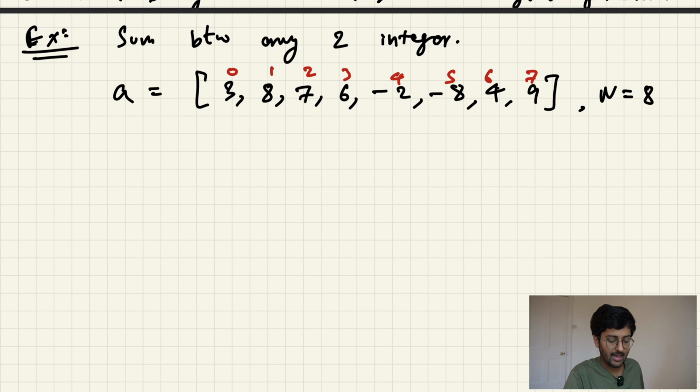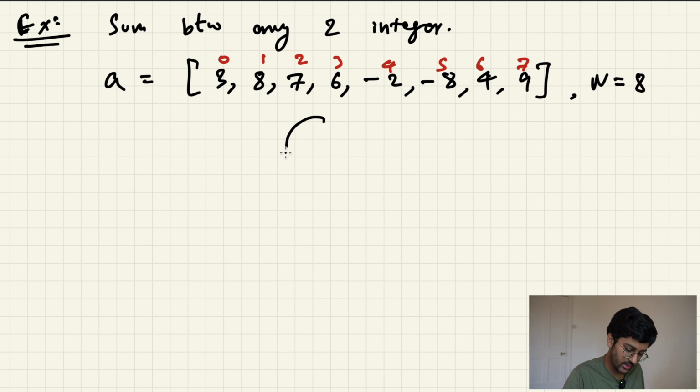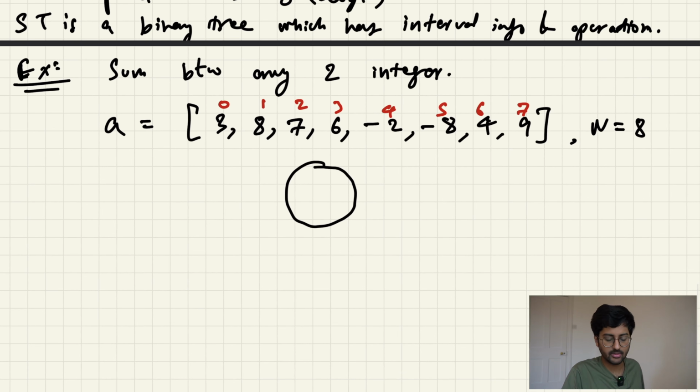No problem at all. Since it's a tree, obviously we'll have nodes. Okay, let's see what the node contains. According to the definition, it's very simple. A node is going to contain two things. Looks like a pokeball.